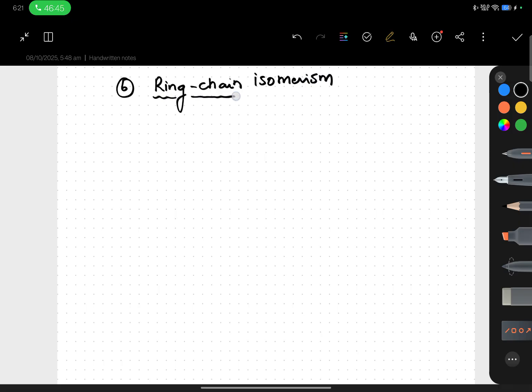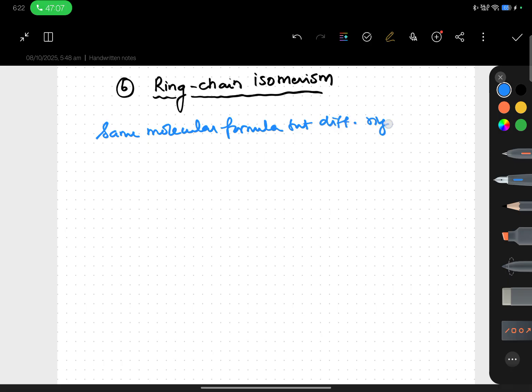Same molecular formula but different ring or chain formula.